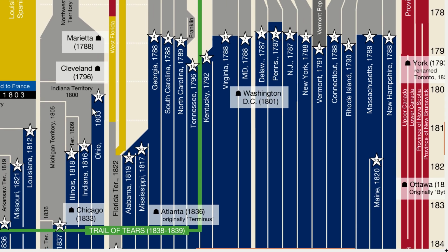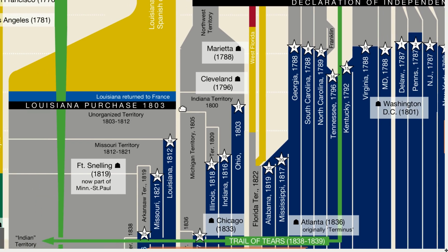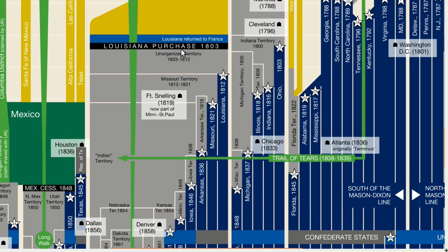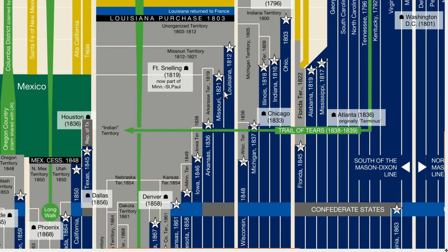Other states were formed out of new territories that the U.S. was acquiring. So, for example, let's look at the Louisiana Purchase. First, the area was unorganized, but then smaller territories would be carved out, and then these territories would eventually go on to become states. And of course, as this happened, the Native Americans continued to be pushed off their lands.